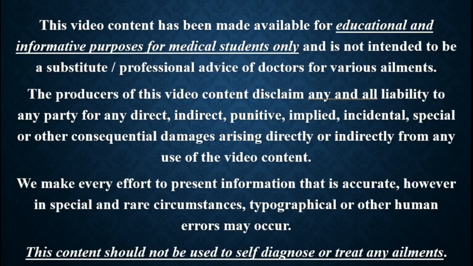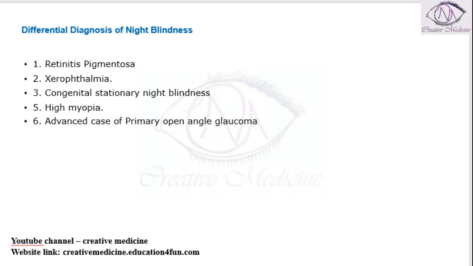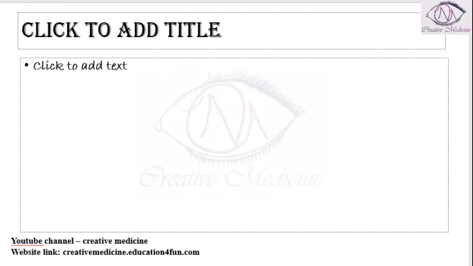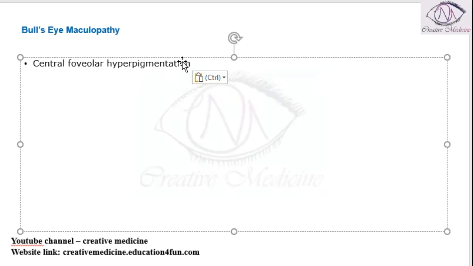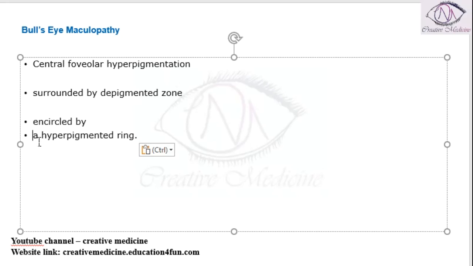In this lecture, we will learn about bull's eye maculopathy. In bull's eye maculopathy, hyperpigmentation occurs in the fovea, called central foveolar hyperpigmentation, surrounded by a depigmented zone, which is again encircled by a hyperpigmented ring.